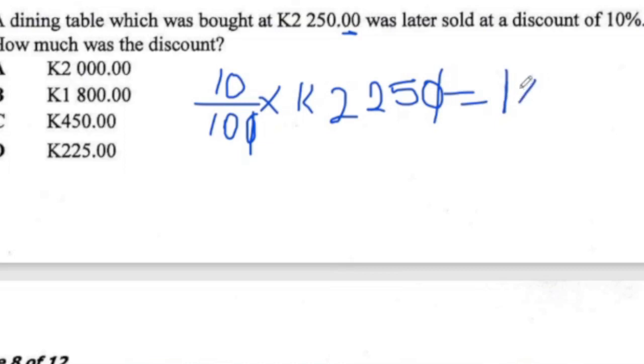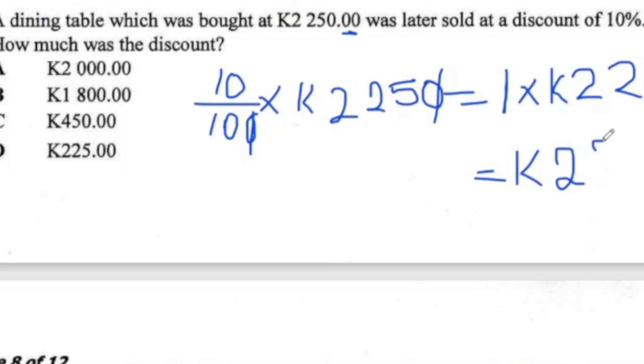Then this one is multiplied by 225. When we multiply 1 by 225 kwacha, it gives us 225 kwacha.